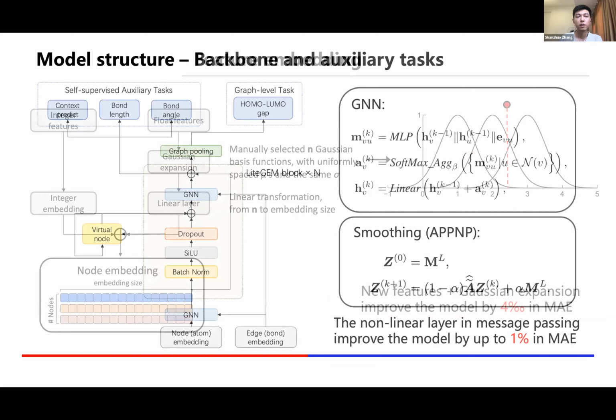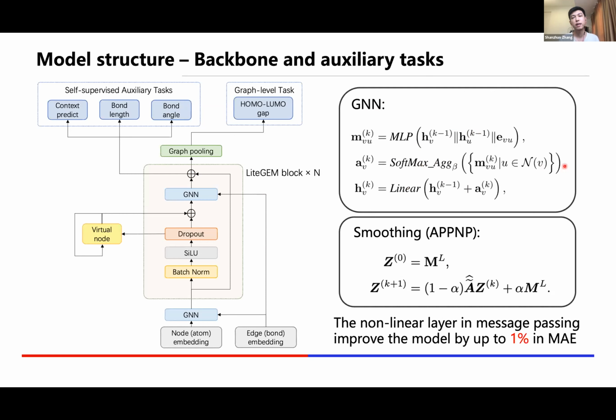Then is the second part of the model structure, the backbone and auxiliary tasks, which we named our model LightGEM. We use a quite normal GNN message passing scheme, which is shown on the upper right of this GNN block. The key point to say is there is a non-linear layer in this message passing procedure.